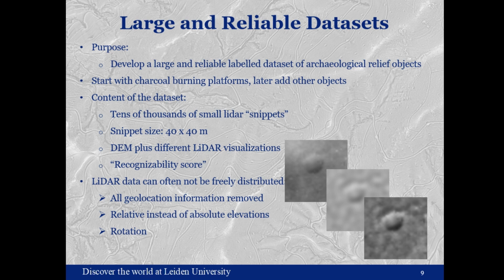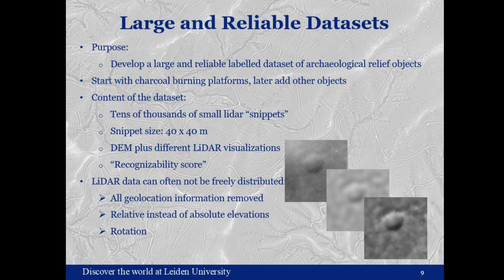One of the issues you run into when you want to do a data set like this is that LiDAR data can often not be freely distributed. So the way around in our case was that all geolocation information is removed from the data. We are not giving out absolute elevations, but relative elevations within the snippet. And all those snippets may be affected by arbitrary rotation.